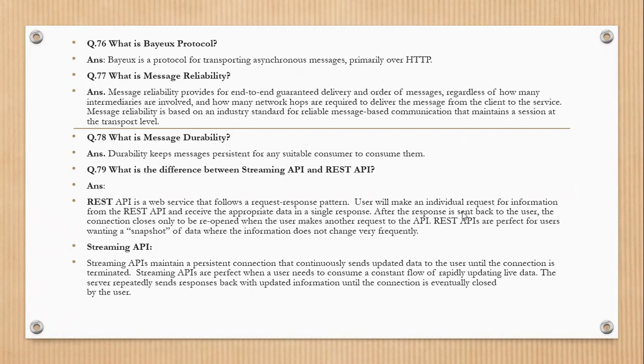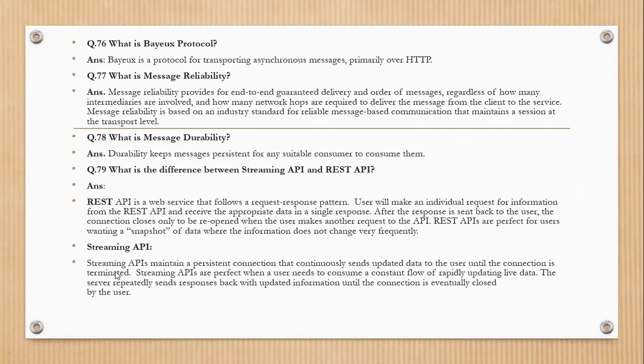After the response is sent back to the user, the connection closes, and it opens only when the user makes another request. REST API is perfect for users wanting a snapshot where the information does not change very frequently.